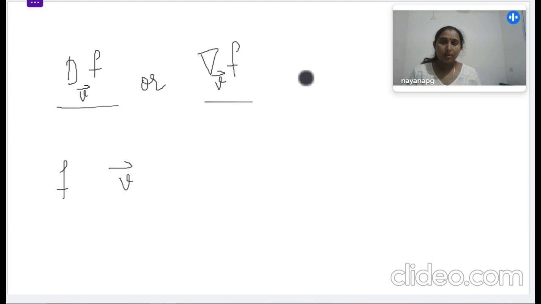So here we measure the directional derivative of f in the direction of v. And the formula to do this is that we take the gradient of f and dot product it with the direction of v. Why are we taking the gradient of f here?